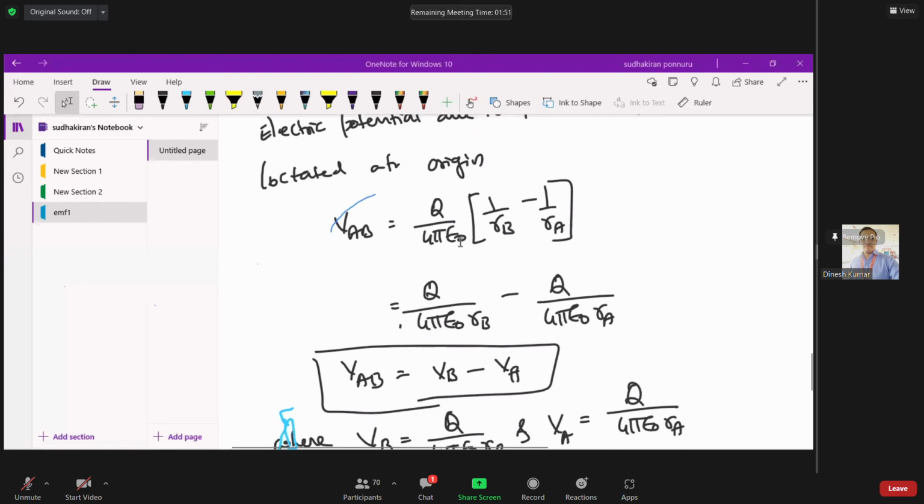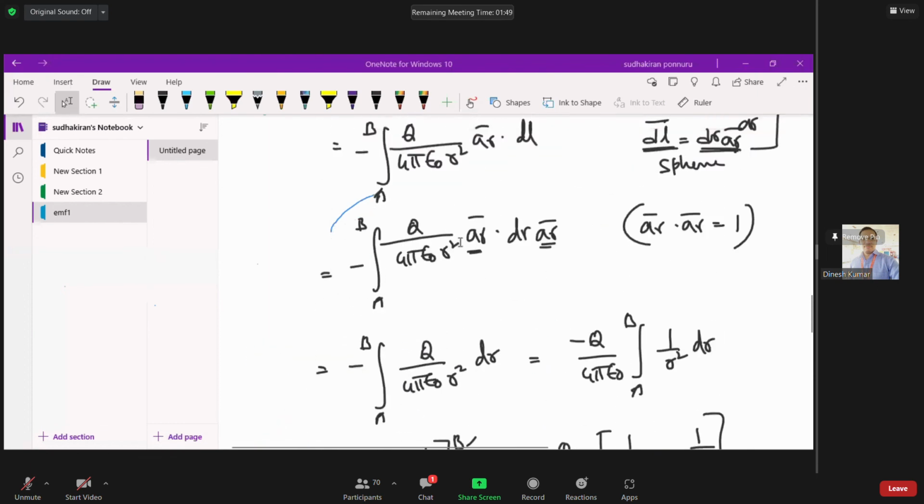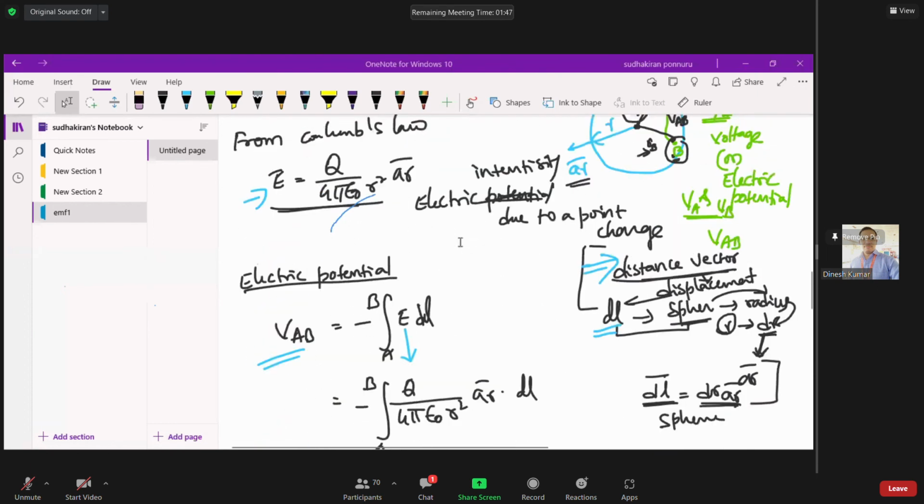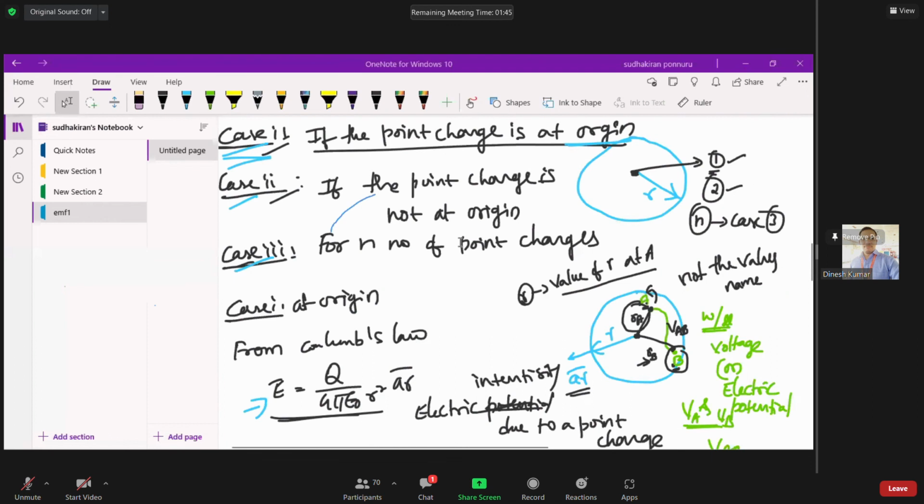Okay then, have a nice day, and we will continue with case 2 and case 3 in tomorrow's session, so that we can finish off. We have 2 more derivations, that is electric dipole and torque due to dipole.